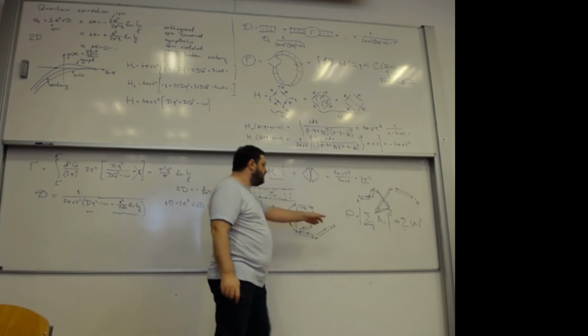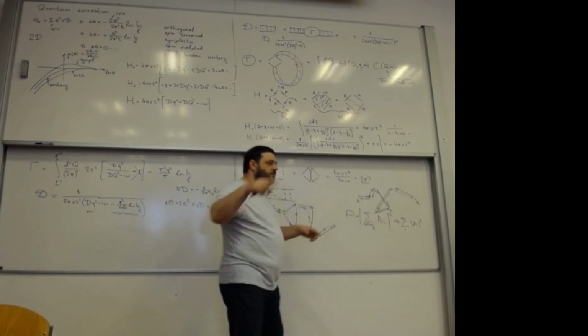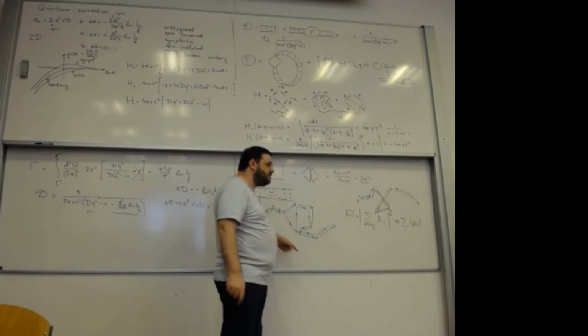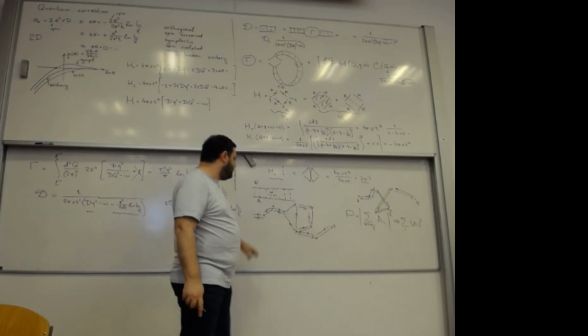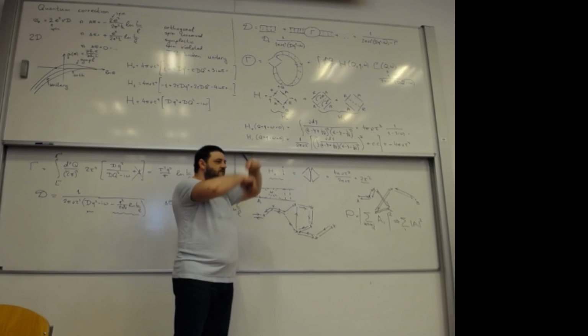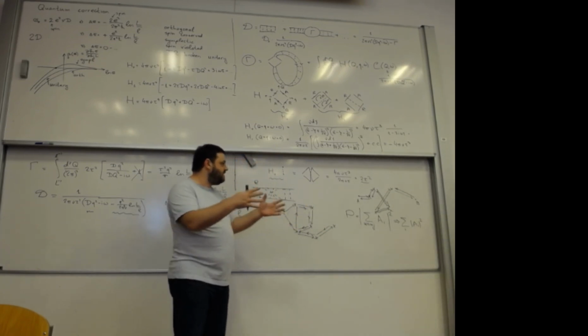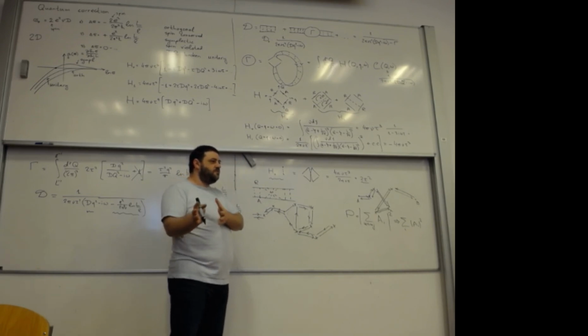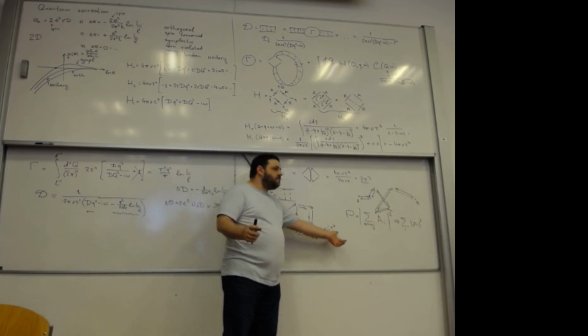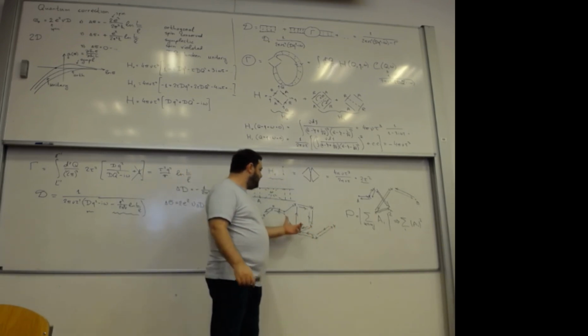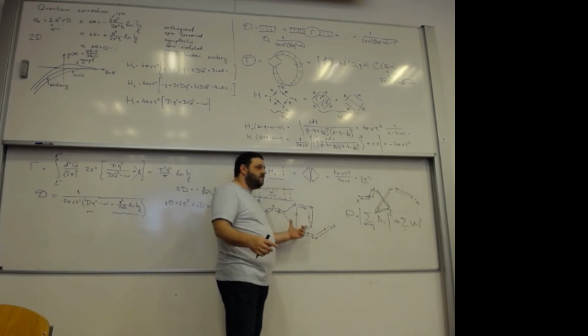One of these two amplitudes, A, goes along this loop in one direction, and A star, the complex conjugate amplitude, goes in the opposite direction of this loop, and the interference of these two trajectories going one way or the other is exactly the quantum correction of the diffusion. So the probability to reach the final point has a correction due to this interference.